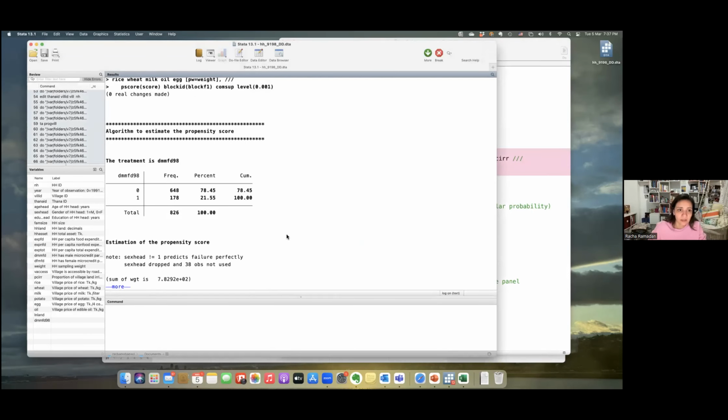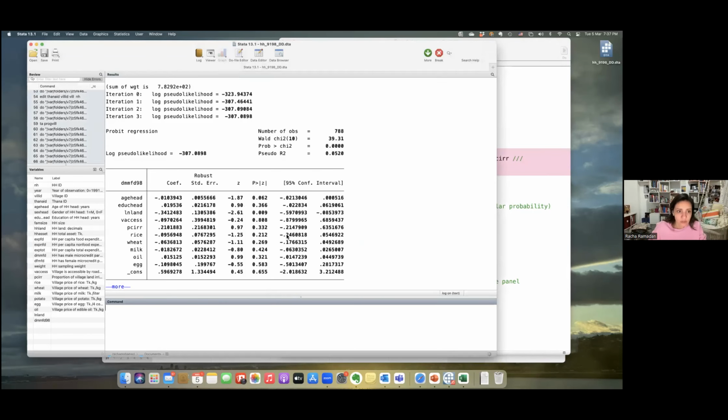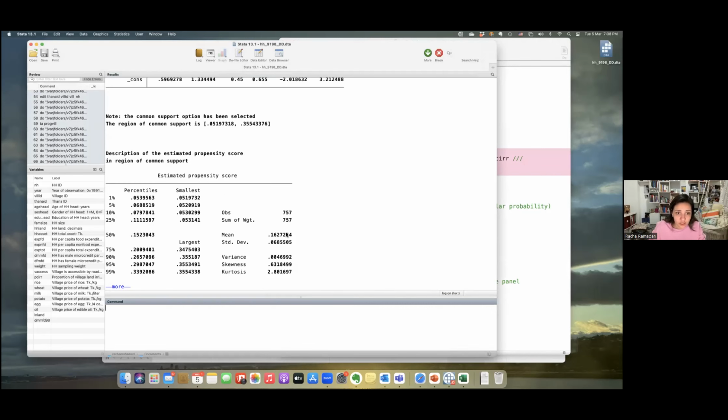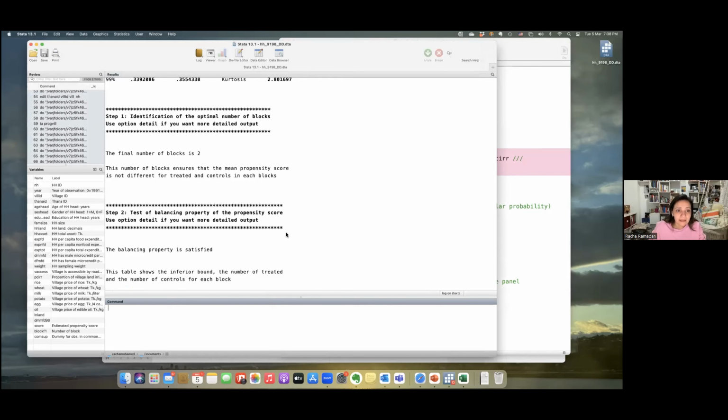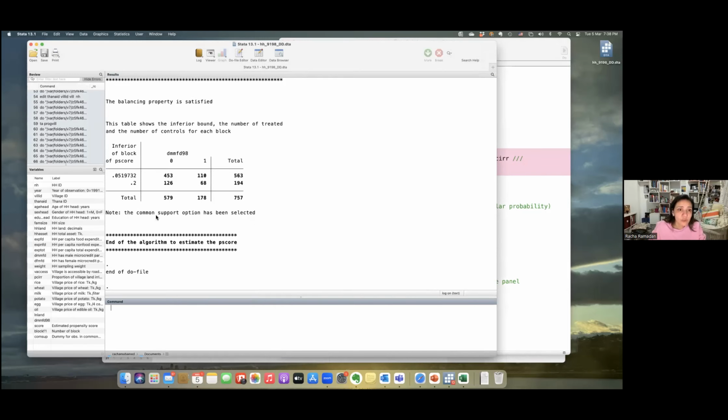So we have the results as we saw last time. We have our probit regression, and it created the P-score, and it gave us the common support area. Here, as you can see, we have the score variable, which is the p-value I needed in the PSM to match between the observations.